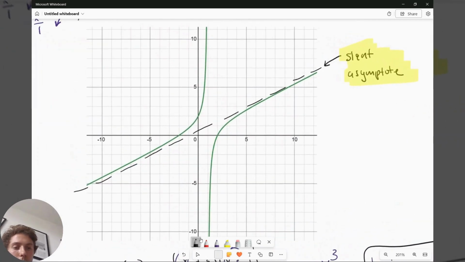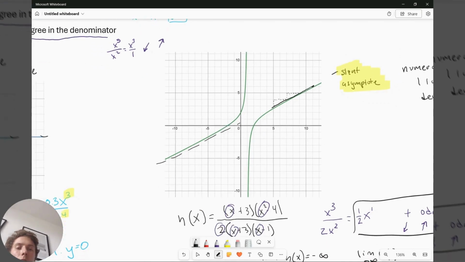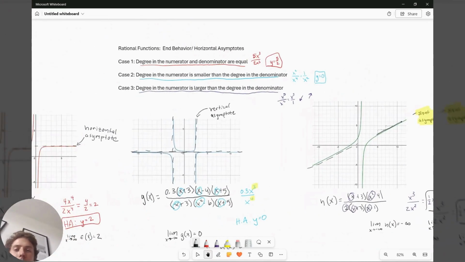If you were to kind of look at this asymptote, maybe erase some of the lines I already drew, notice it is increasing at about 1/2. Right? We're going up 1/2, up 1/2. That is the slant asymptote that we are parallel to. We might move this slant asymptote up or down by changing this function, but that is the idea of being parallel to it. That is our preview of all of the different types of asymptotes.